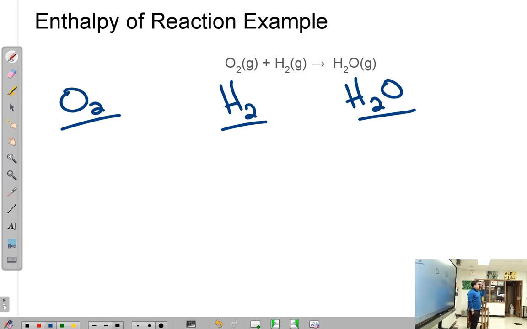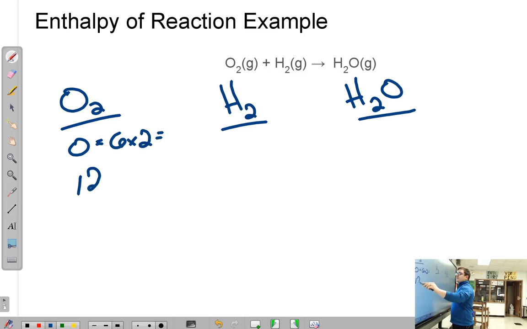But humor me in finding the bond, if it's a single or double bond between oxygen. How many valence electrons are in oxygen? Remember that? 6. You got 6 of them, you have 2. So 6 times 2 gives me 12 valence electrons when dealing with O2.